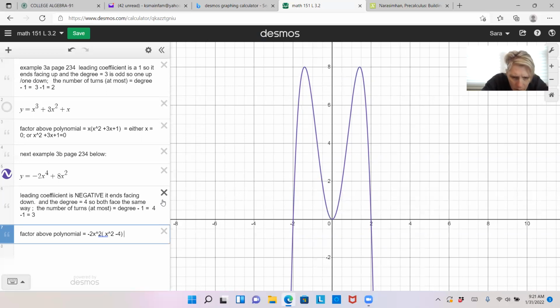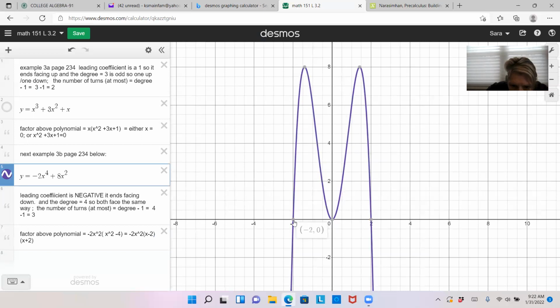What's cool about that is that it actually factors into negative 2x squared, parentheses, and then we have a difference of squares, x minus 2, x plus 2. So we have zeros at 2 and negative 2. Let's click on the graph. And you can see, yep, we've got negative 2, 2, and then we've got the 0 because this first piece, negative 2x squared, equals 0.